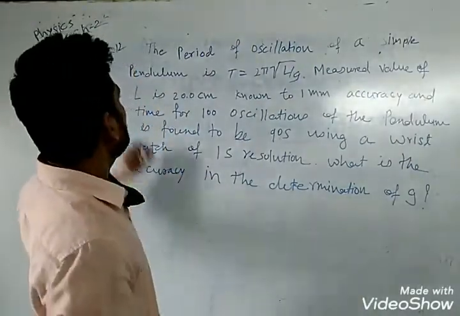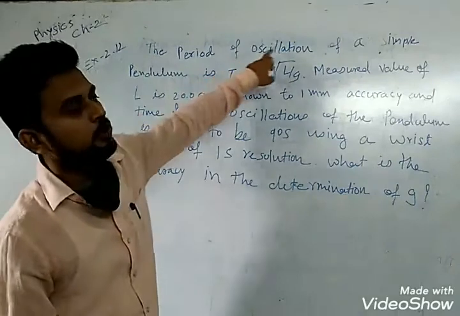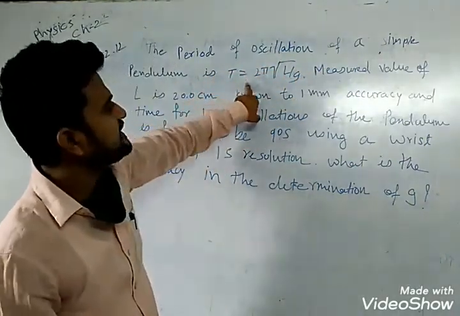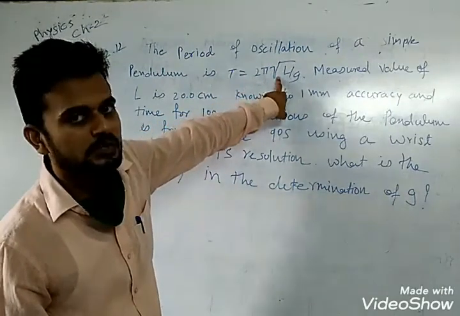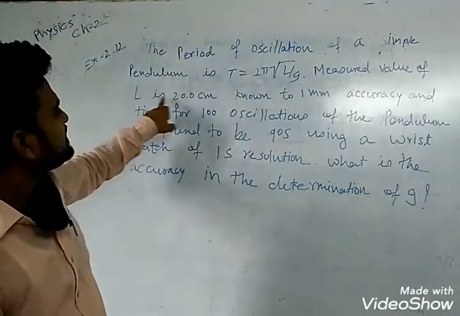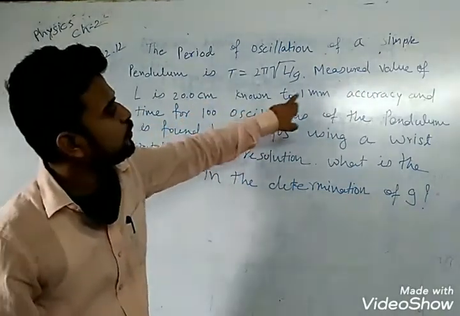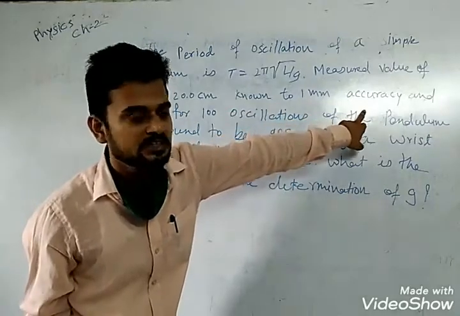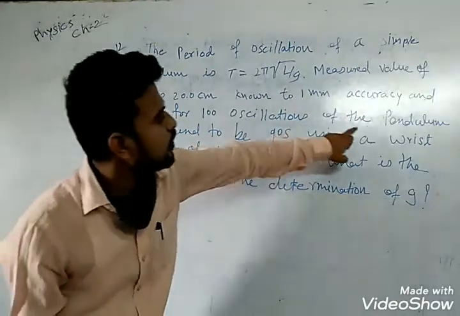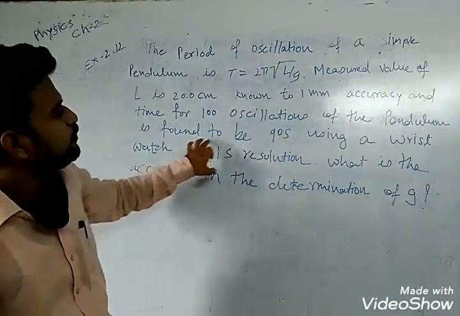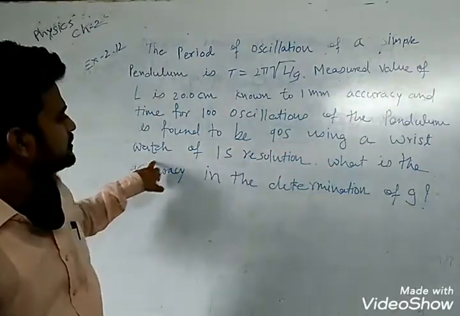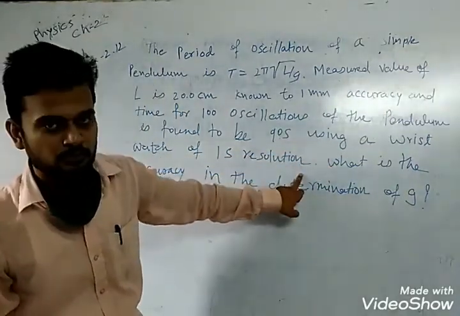Example 2.12. The period of oscillations of a simple pendulum is T is equal to 2 pi under root L upon G. Measured value of L is 20 centimeter, known to 1 mm accuracy, and time for 100 oscillations of the pendulum is found to be 90 seconds using a wrist watch of 1 second resolution.